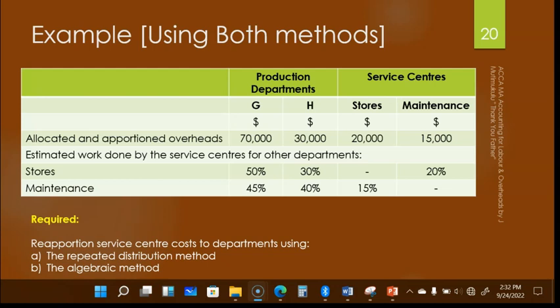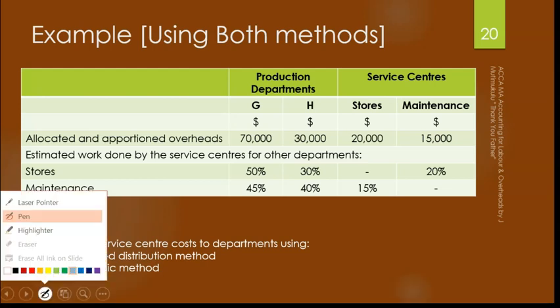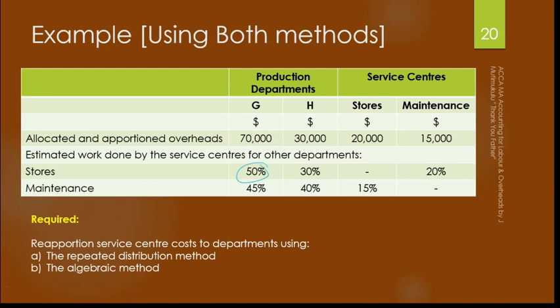Now, by the service centers for other departments, you can see that the stores offers 50% to production department G, and 30% to production department H. It then offers 20% to the maintenance service center.